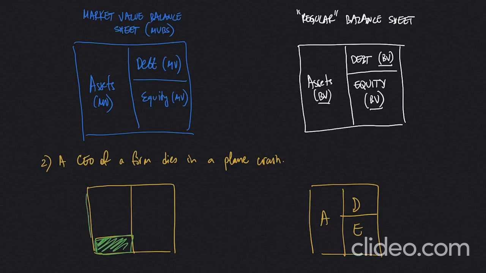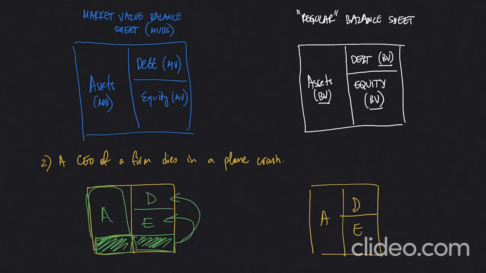So the market value of assets of this firm is going to be this smaller part of this chart. Now, this value loss, of course, has to be reflected on the right as well, and so the right-hand side of the balance sheet is going to shrink by exactly this much, and this value loss can accrue to both equity holders and debt holders of this firm.